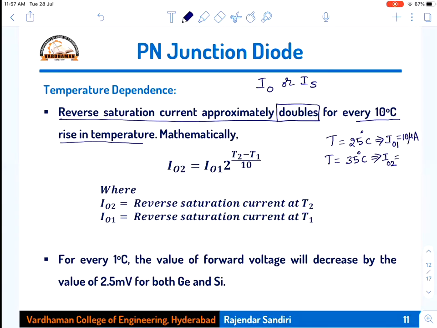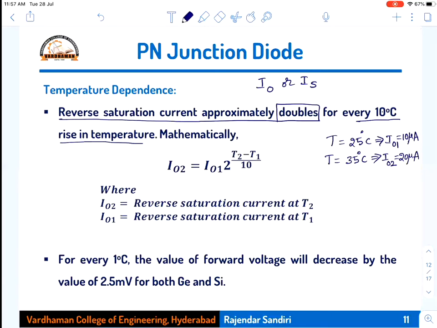By this statement, reverse saturation current approximately doubles for every 10 degrees centigrade rise in temperature. Now the temperature is increased from 25 to 35. 10 is there. What will be the double of that? Doubles is nothing but 2 times. So it will become 20 microamperes. So for every 10 degrees centigrade rise in temperature, it doubles.